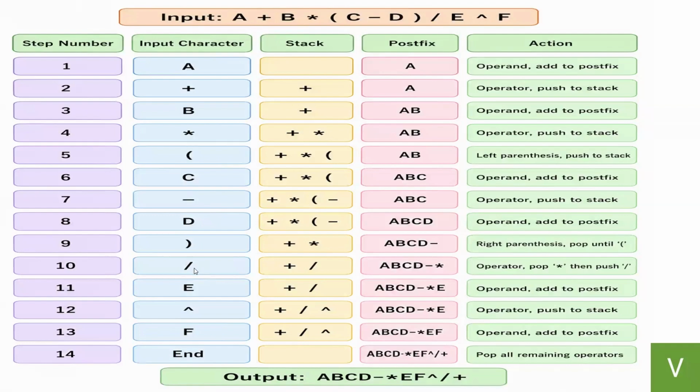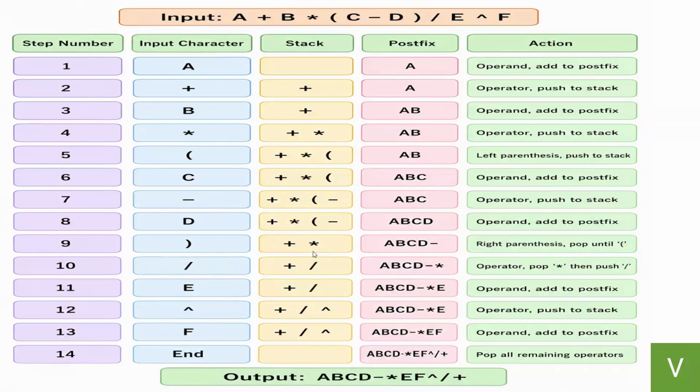Similarly, look at step number 10. If the input is an operator, then we will check the priority between the stack top and the input character. Here the division symbol has the higher priority.